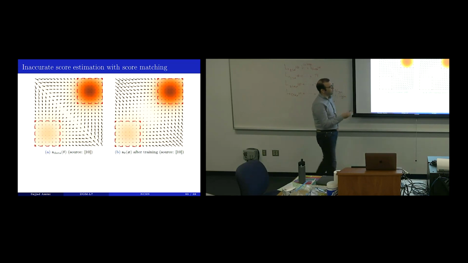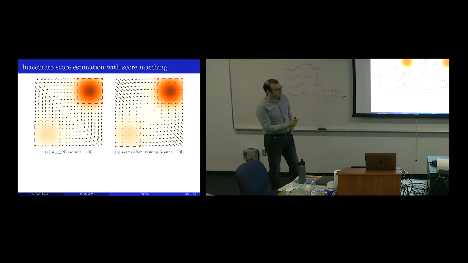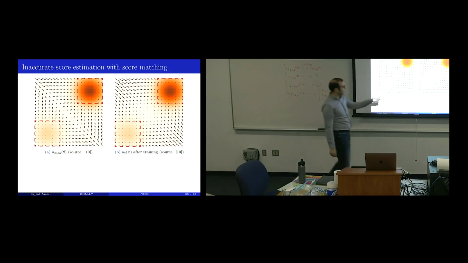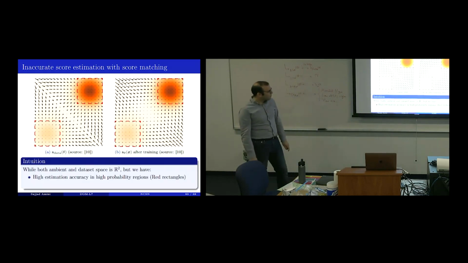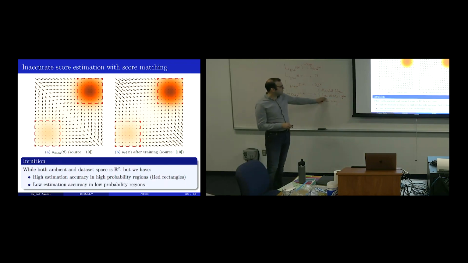It means that both the direction and the amplitude of the vectors is very good with respect to the reference, which is this one. This is a problem. S data of X, not theta. So this is the second challenge here, low density regions.